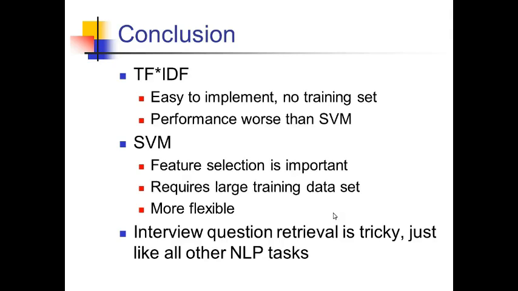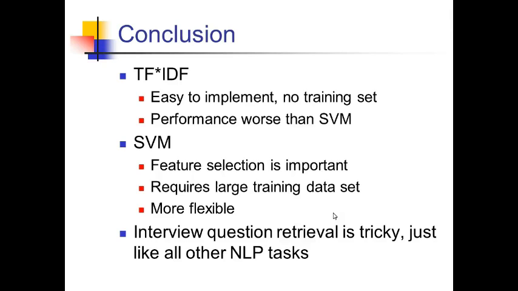So the conclusion is that TF times IDF is easy to implement. It does not require a training set, but it performs worse than SVM and is not flexible. And in SVM, feature selection is very important, meaning that if you cannot select the correct features that best characterize the inputs, it is likely that the SVM will have very bad performance.